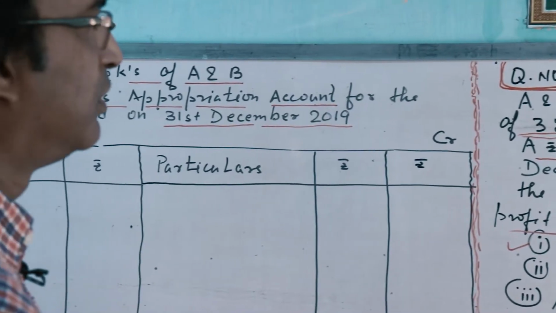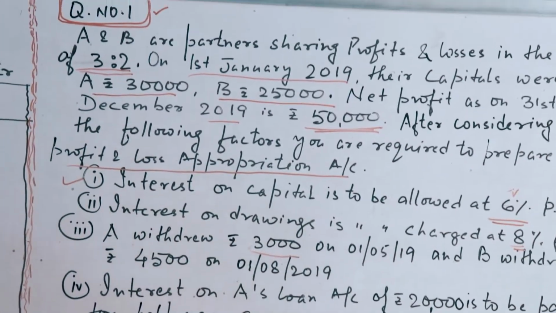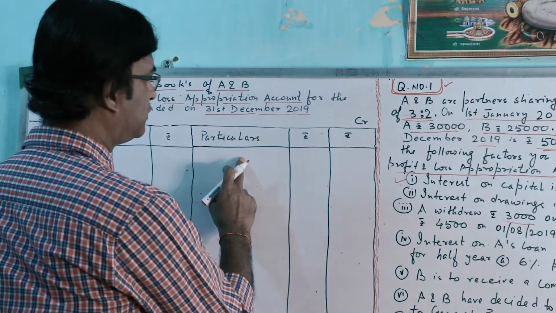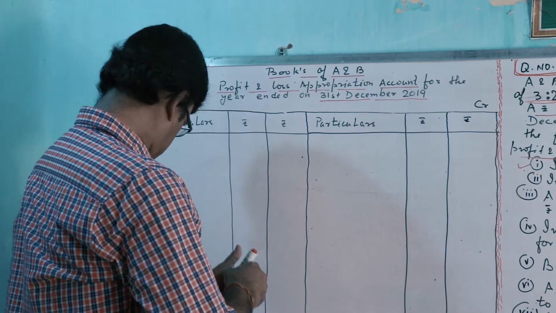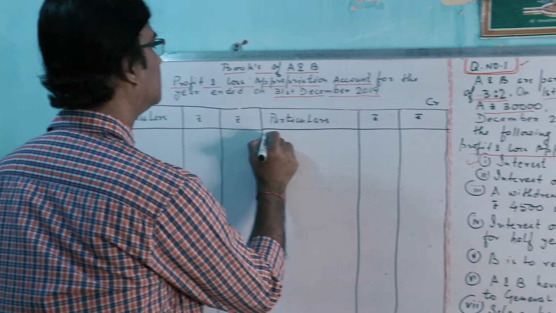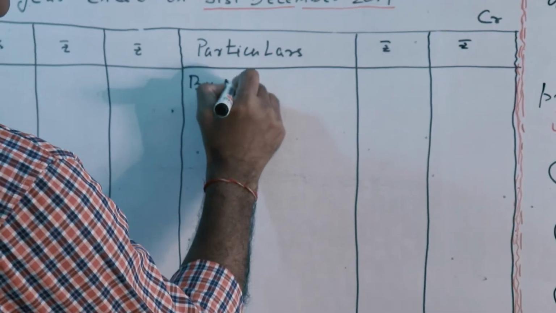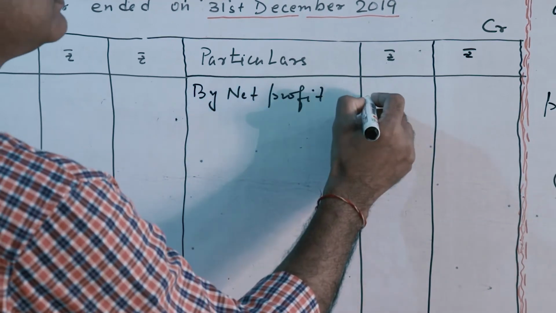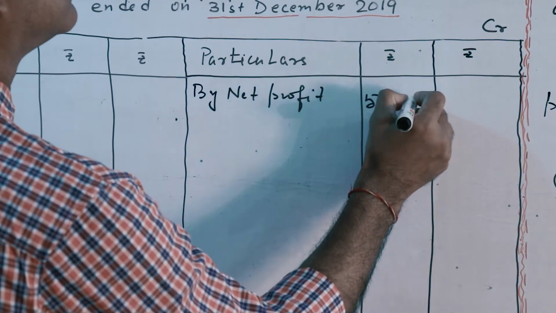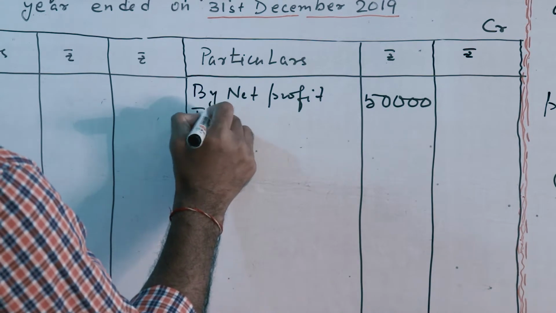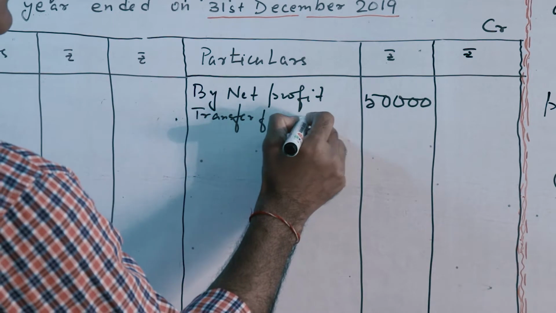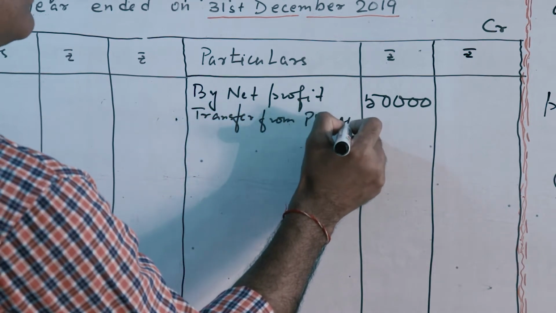So we know, first of all, we will write the net profit in the credit side of Profit and Loss Appropriation Account. Net profit will be written over here. By net profit rupees 50,000, transfer from Profit and Loss account.